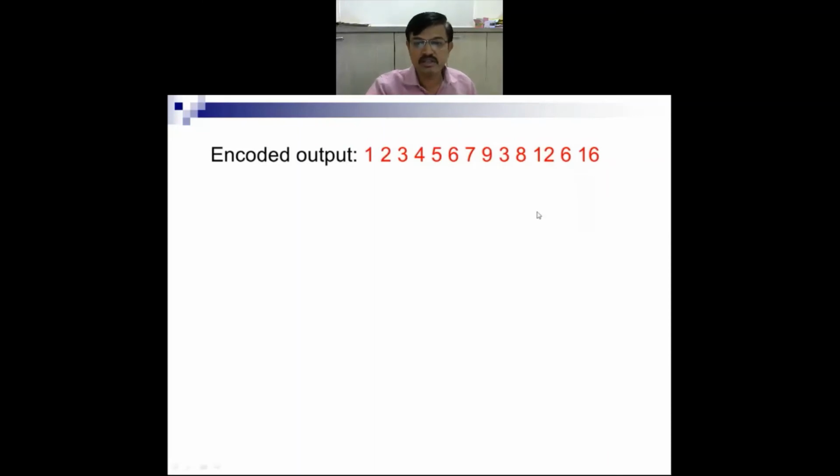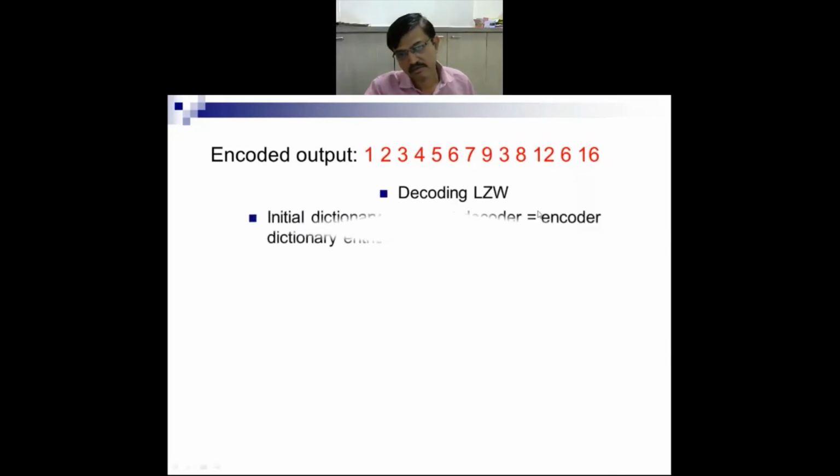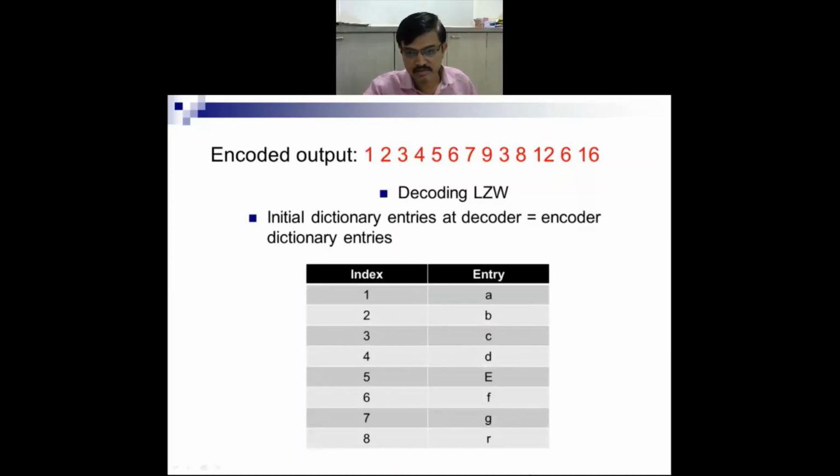Let us try to understand the decoding part of Lempel-Ziv-Welch. In the decoding part, we require once again the dictionary, and the same dictionary used at the encoder is available in the memory of the decoder, which starts from the fundamental source alphabets A, B, C, D, E, F, G, R and their indices 1, 2, 3, 4, 5, 6, 7, 8.